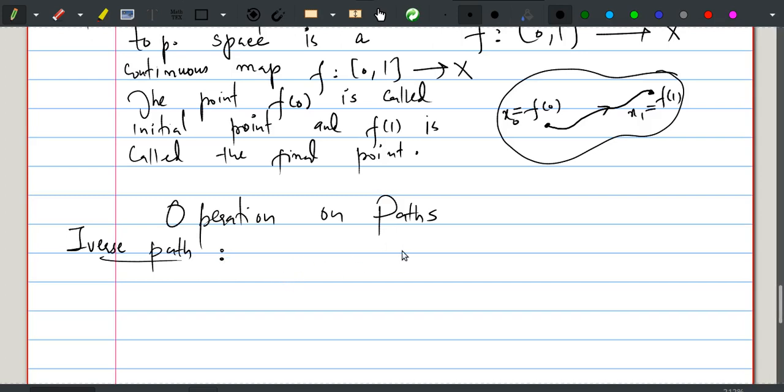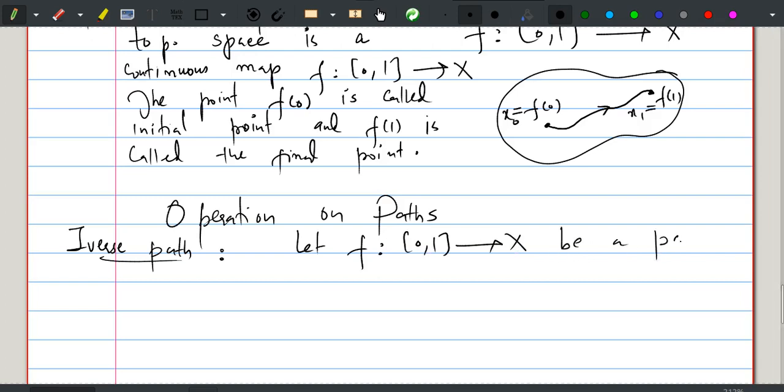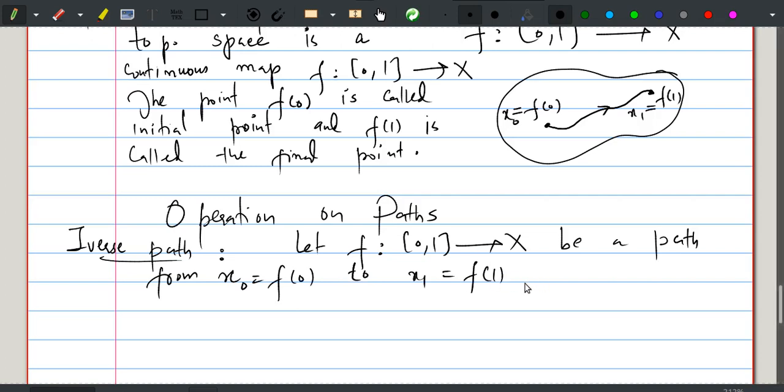Suppose f is a continuous path in X, where X is some topological space. Let us suppose it's a path from x0, which is f of 0, to x1, which is equal to f of 1.